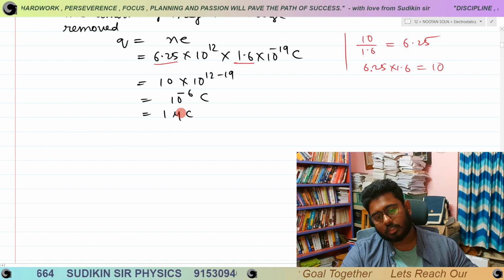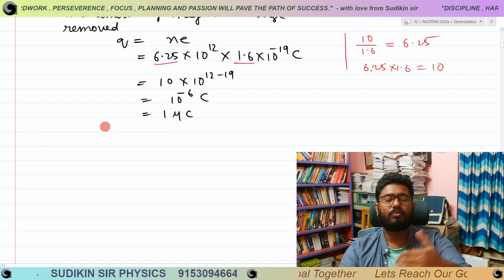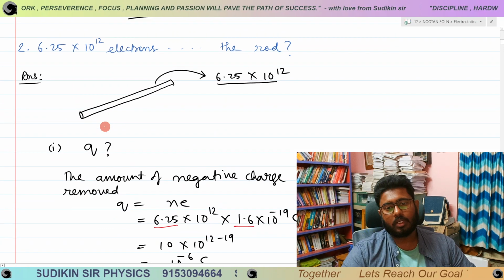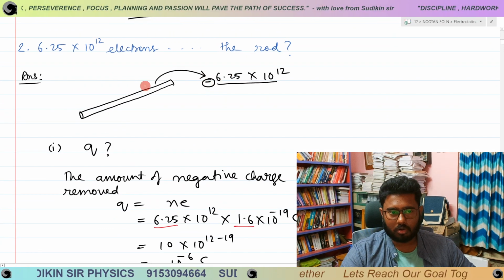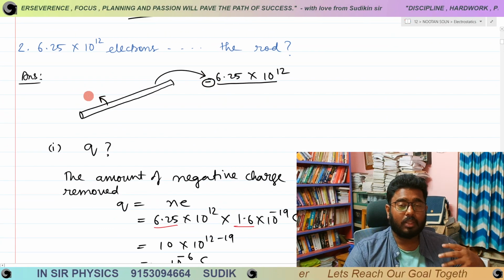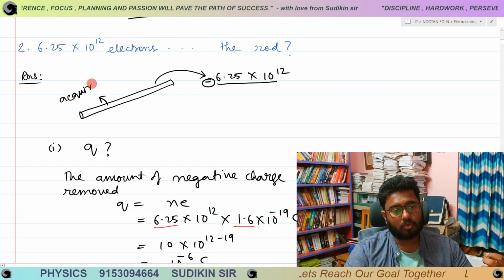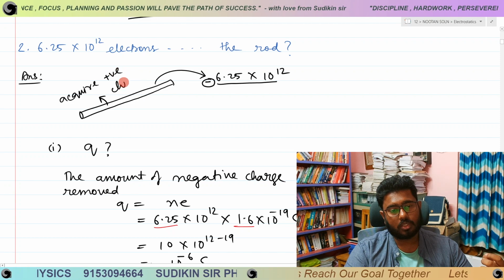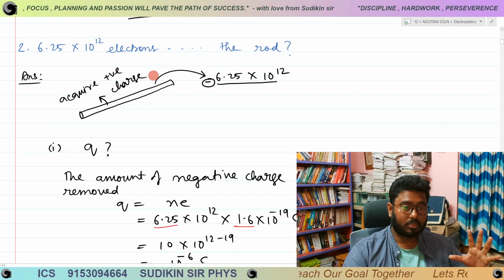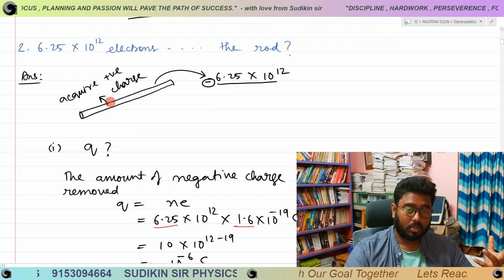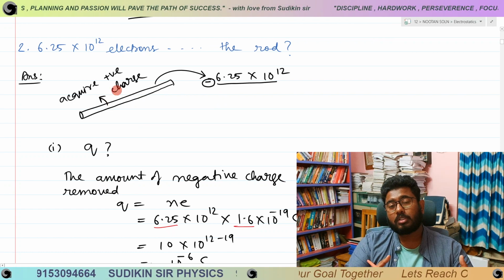The nature of charge: when a negative charge is removed from the rod, get it carefully, the rod will be deficient of negative charge. That means it will acquire a positive charge, as it is deficit of negative charge. And how much positive charge will it acquire?